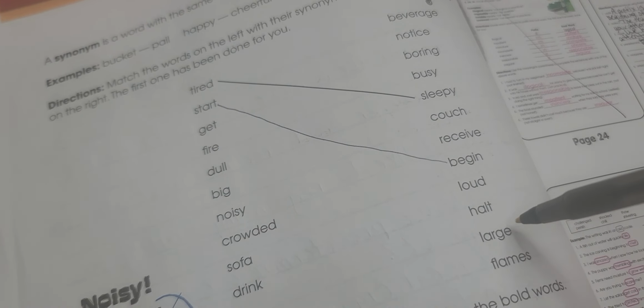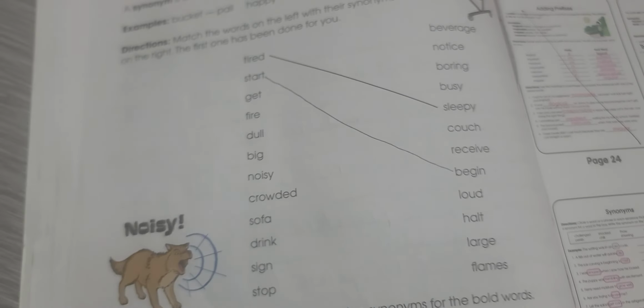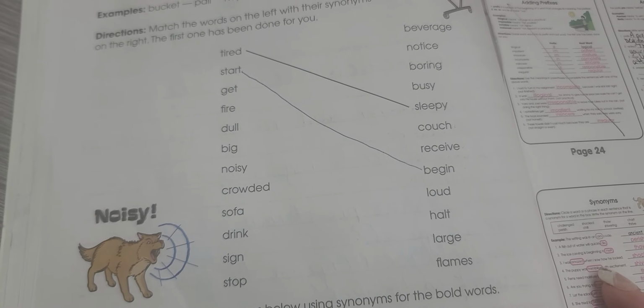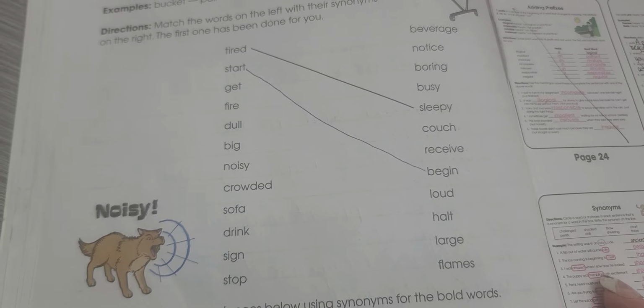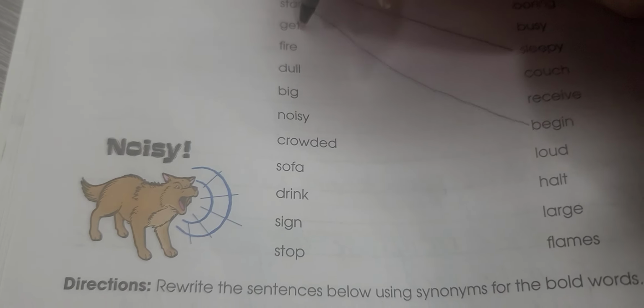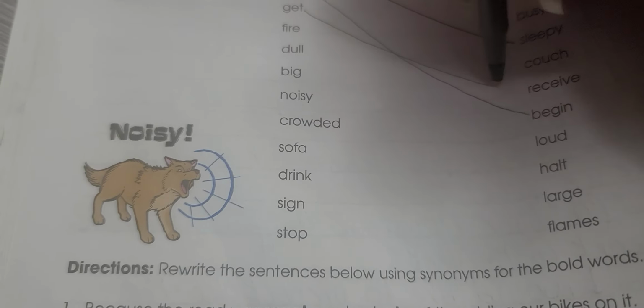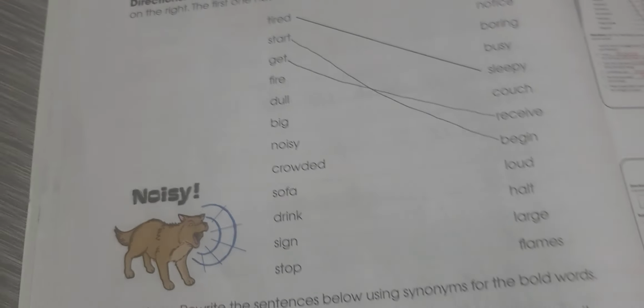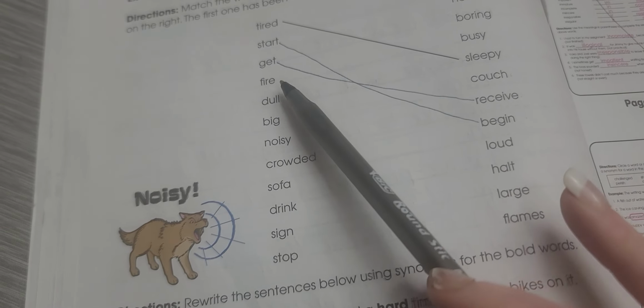Get, large. Get, flames. So which one do you think get is? If you get something, what happens? Do you receive something? So match get to receive. Moving to the next one.